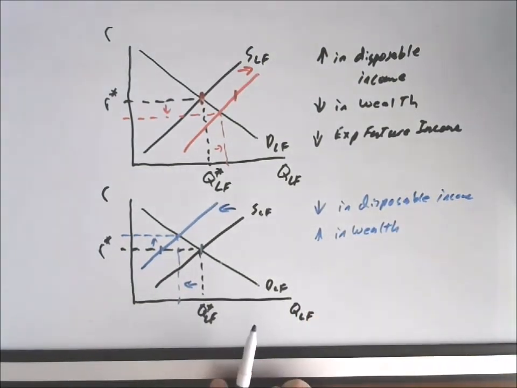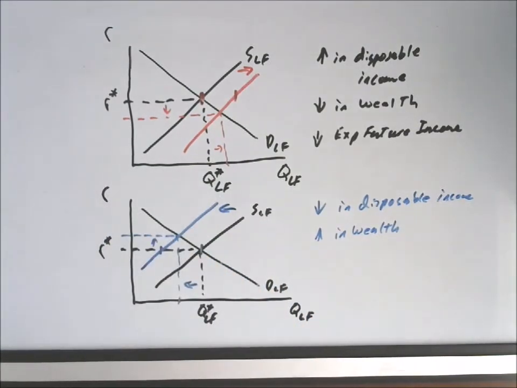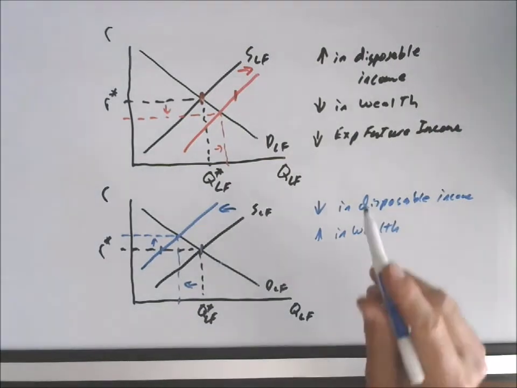So your 401k increases by 30%. You feel wealthier. You're probably going to take more vacations and you're going to consume more, which means you're going to save less. Your property value of your house goes up. You'll probably feel wealthier and you're going to consume more, which means you save less.